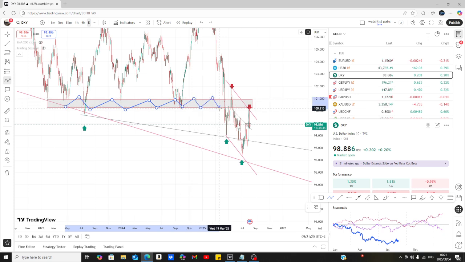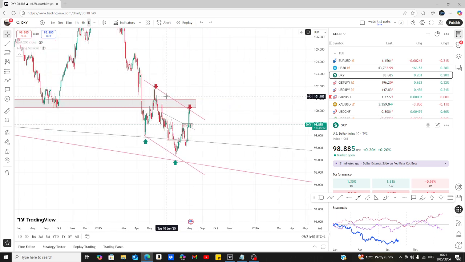Every time the price was underneath the zone, we pushed to the downside, right? And currently we retested this previous, now resistance, major zone, and price shot down. So there's nothing stopping us from saying that the dollar is going to continue to the downside, right?